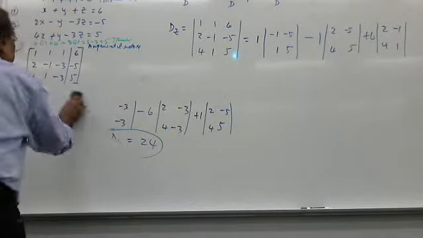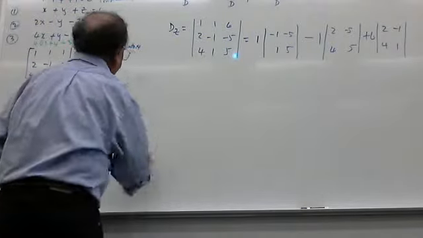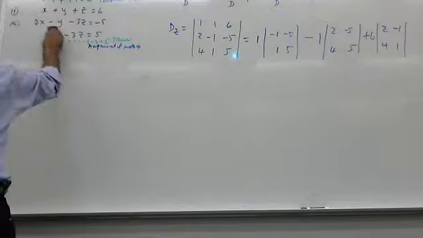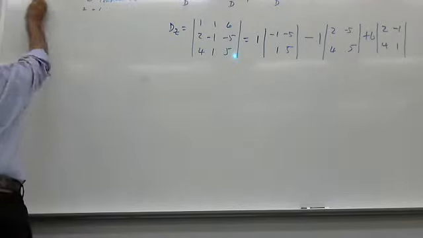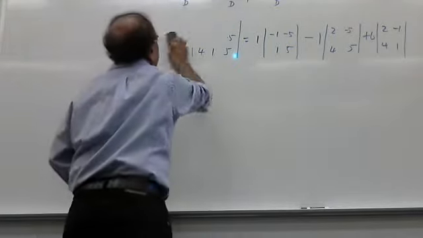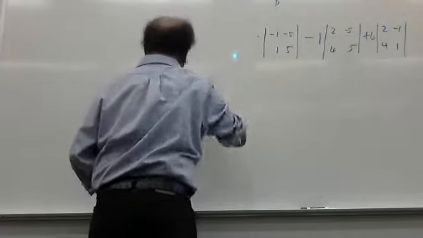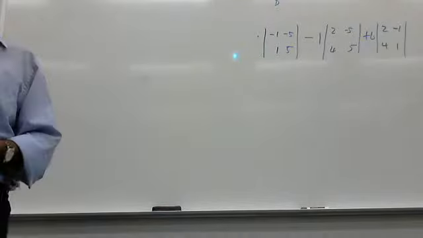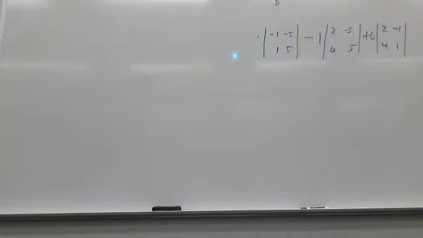Now, the 3 by 3, as I mentioned, are a bit more complex than the 2 by 2, and we have done the 2 by 2 a lot. Now let's look at the system of linear equations here.